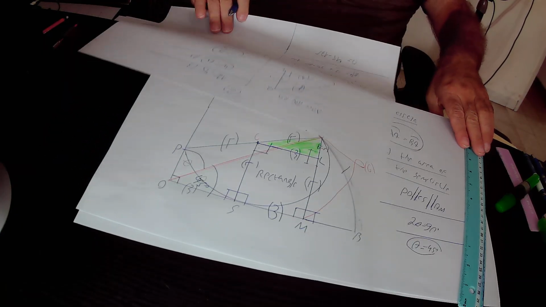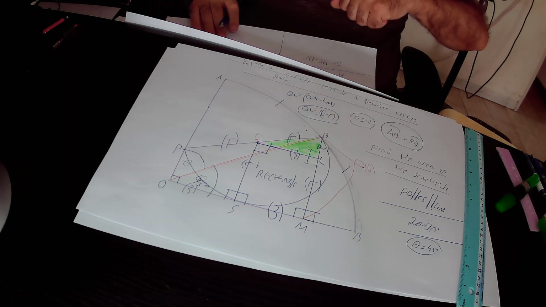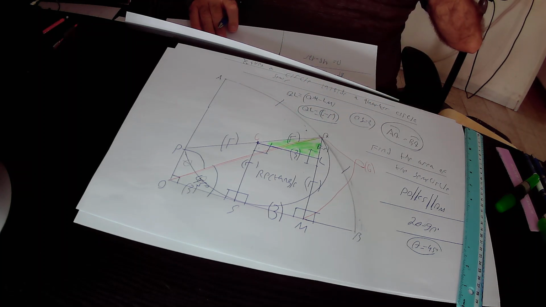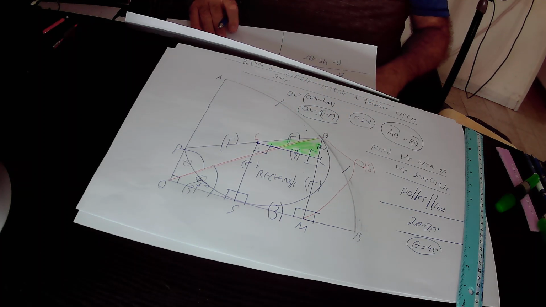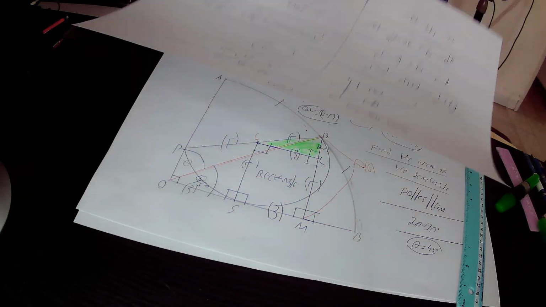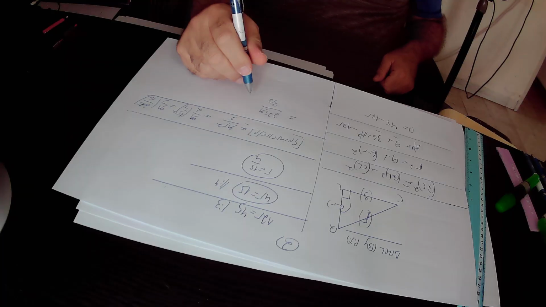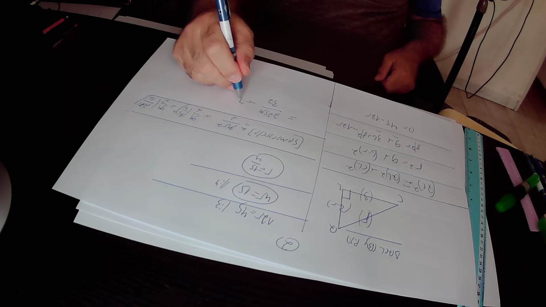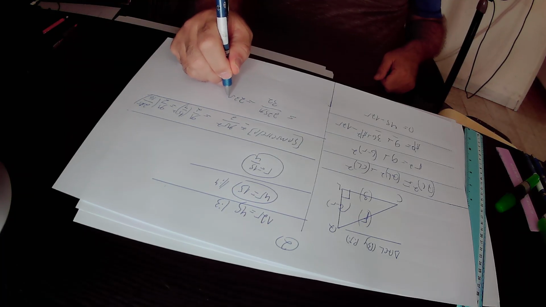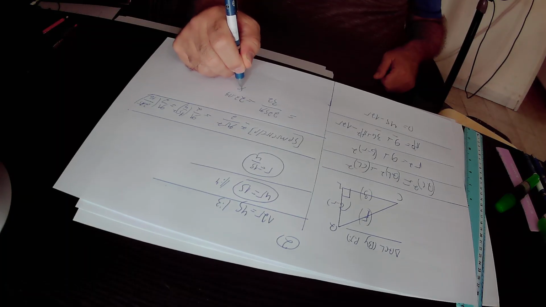So the area of this semicircle equals either 225 pi over 32 square units in size, or in terms of numbers, the area of the semicircle equals 22.09 square units in size.